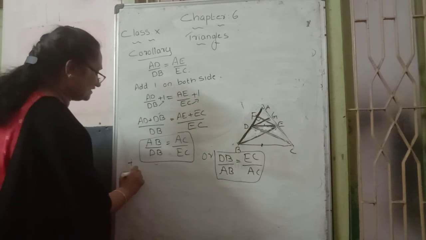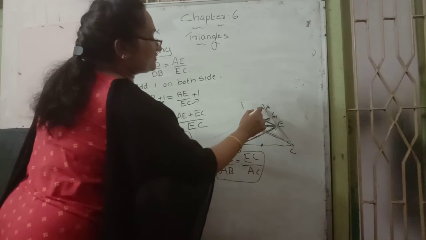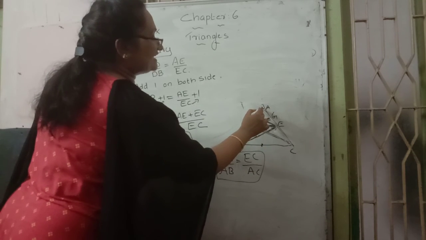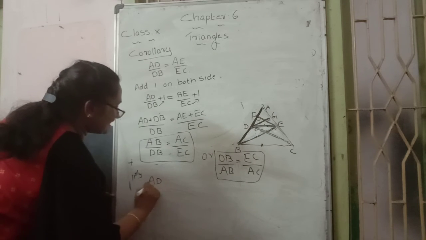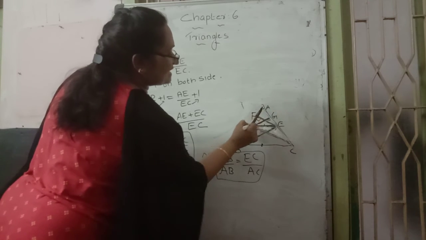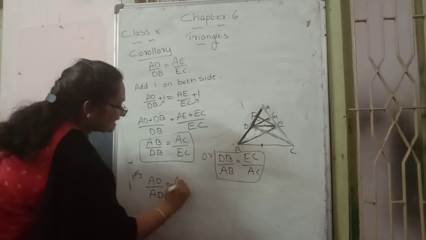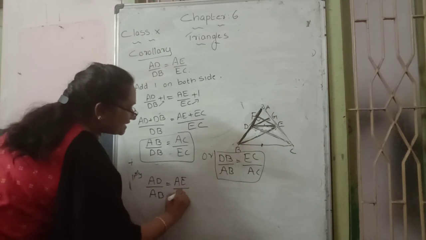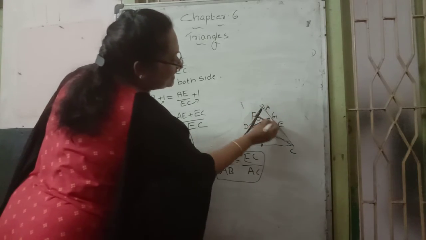Similarly, another way we can divide the sides is AD by AB. AD by the full line AB is equal to, in which way? On the right side, in that same order, take AE by AC. AD by AB is equal to AE by AC.